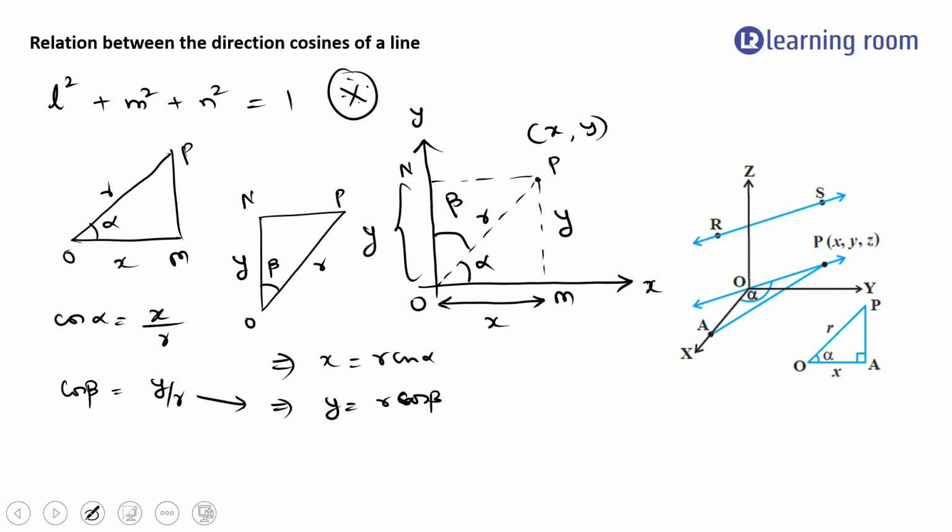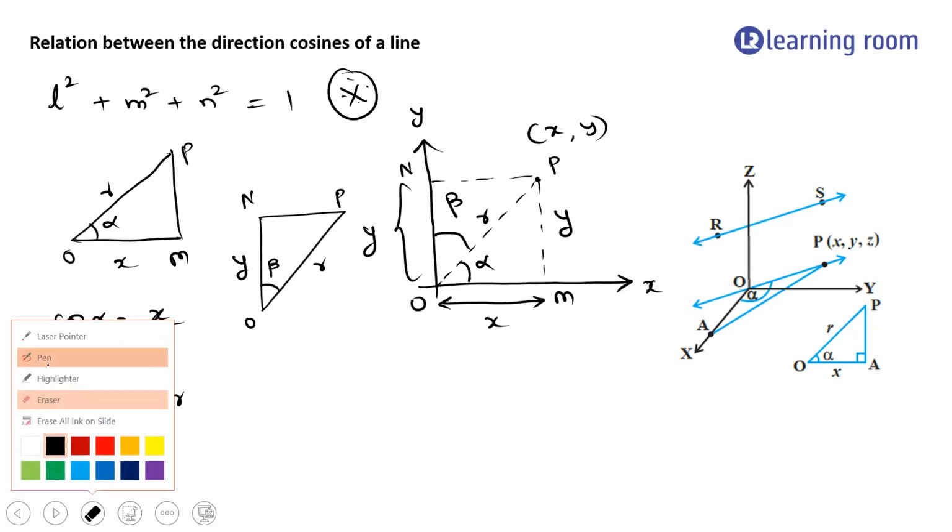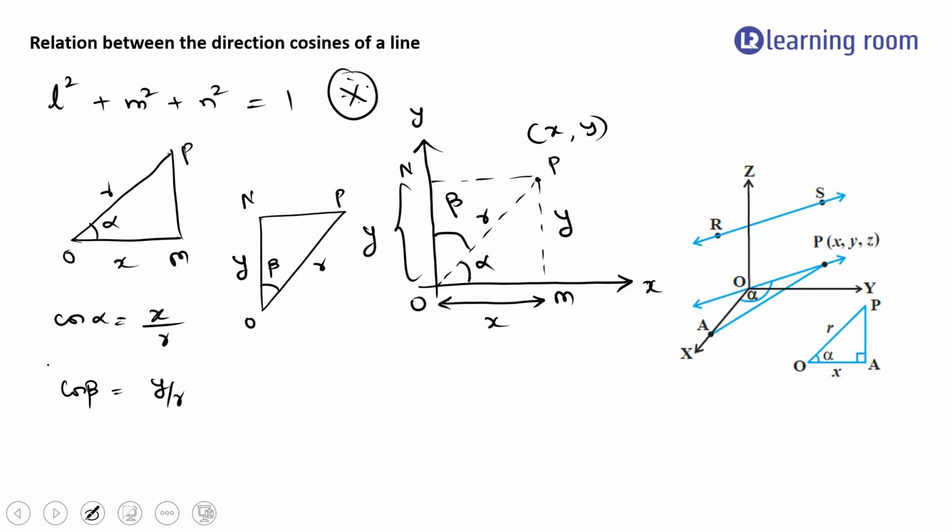A small correction is not needed because we are trying to find cos square alpha. So listen. If I consider cos square alpha plus cos square beta, cos square alpha is going to be x square by r square and cos square beta will be y square divided by r square. Now tell me one thing.